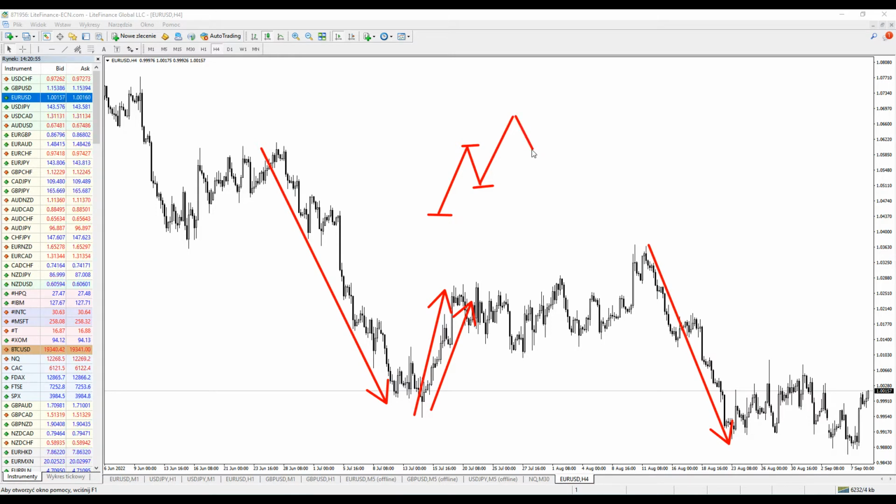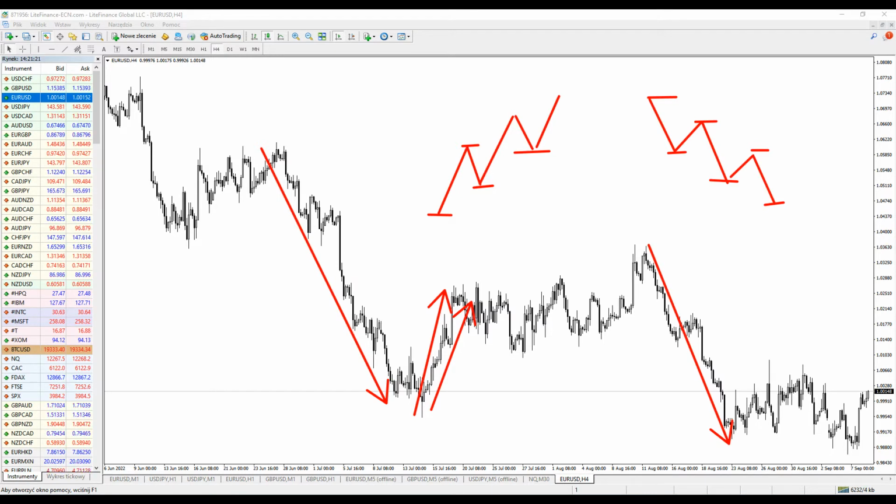Followed by a higher low, followed by a higher high. So that's the uptrend. When we are talking about the downtrend, it's going to be totally opposite, right? Market is going to the downside, making lower highs and lower lows. Lower highs, lower lows, right?